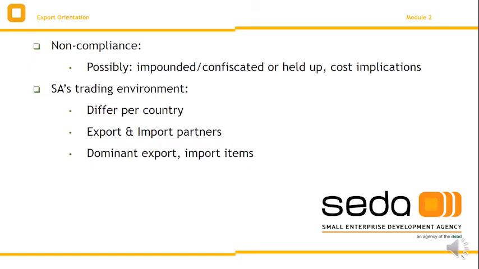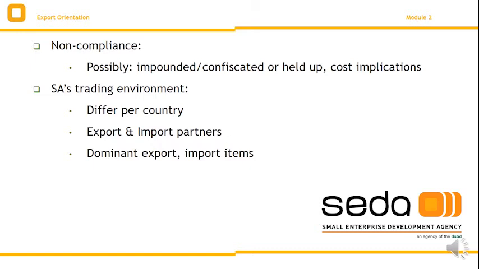South Africa's trade relationship is different from country to country, so it will trade more heavily with some countries as compared to other countries. South Africa has export and import partners, so if you know who these are, it could make it easier for you to identify a potential trading partner where relationships or partnerships have already been formed.